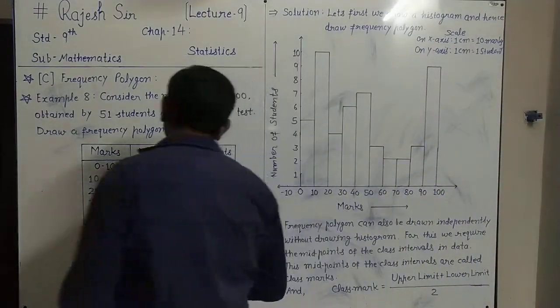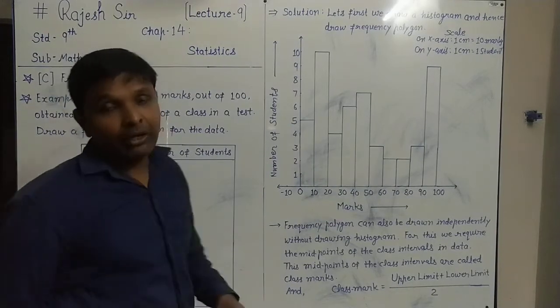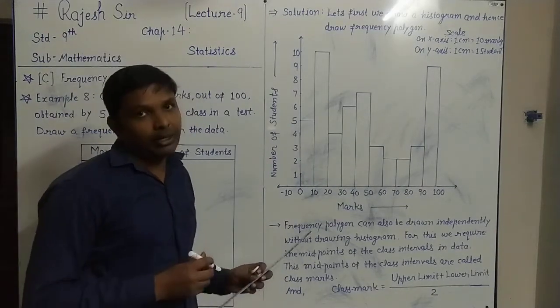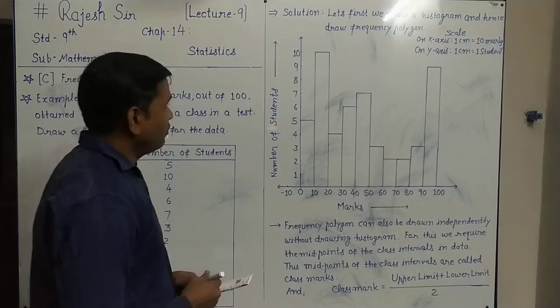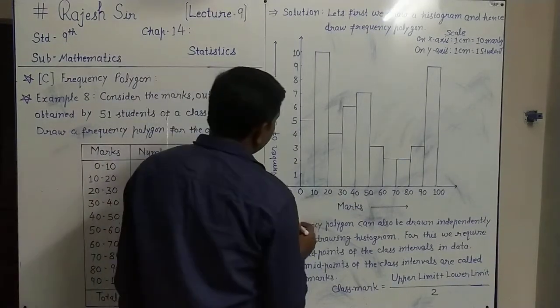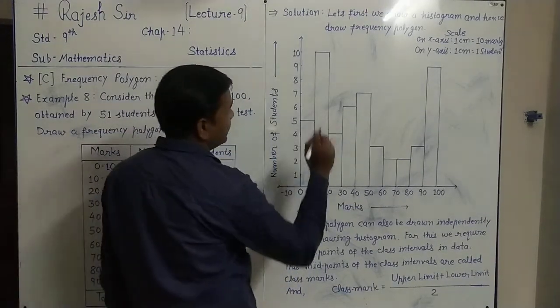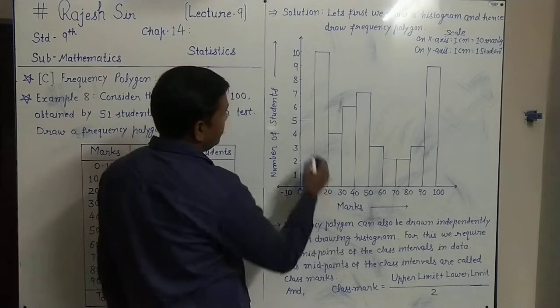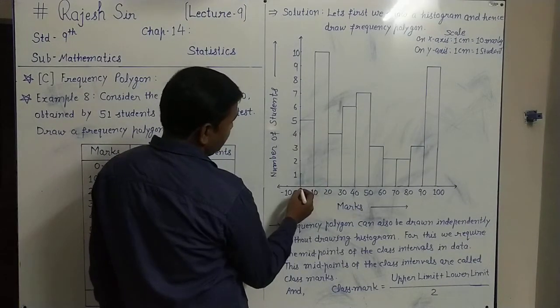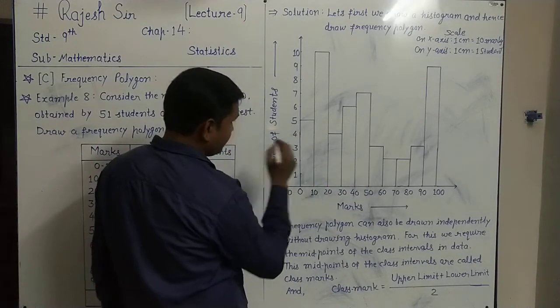Now the next step, to get the frequency polygon with the help of the histogram, is so simple. We just have to take the midpoint of the top of each of these rectangles. Like this, the midpoint of 0 to 10 is 5.